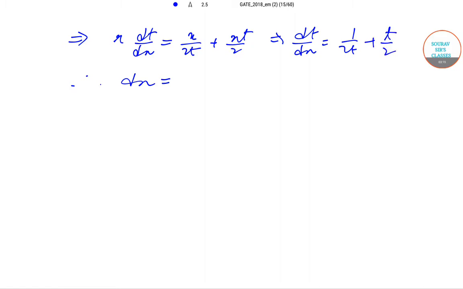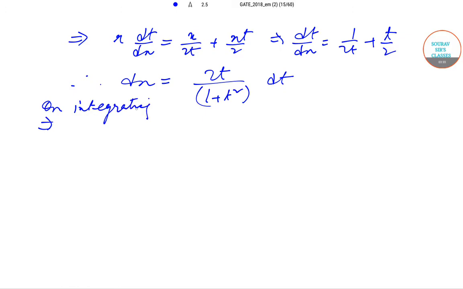So as you can see that x has been eliminated, and we can now write that dx is equal to twice of t by 1 plus t square dt. Now if we integrate, this will give us that x is equal to ln of 1 plus t square plus c.